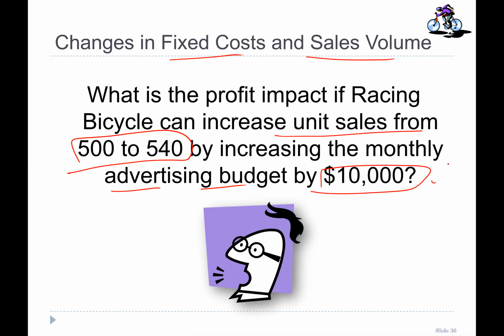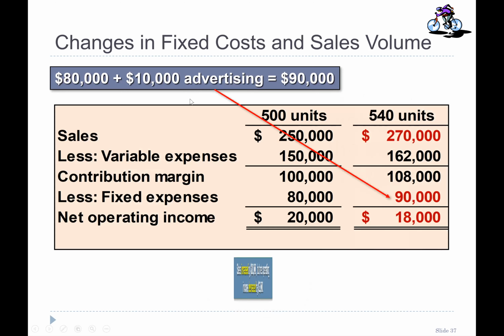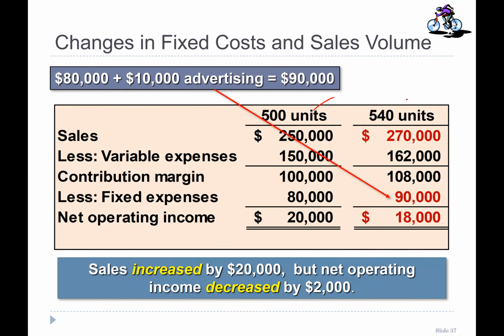They have to spend monthly 10,000 and their sales increase by just 40 bikes. Let's talk about this. The sales increase from 500 to 540. We know that the price of one bicycle is 500 each, so we have 250,000 and 270,000. Since our fixed expense, which is budget, has increased, so we have now 90,000.